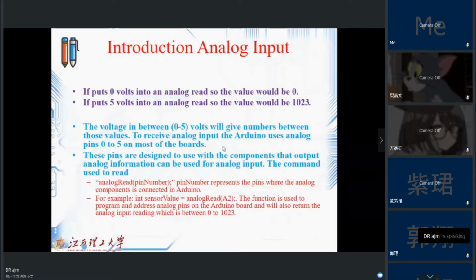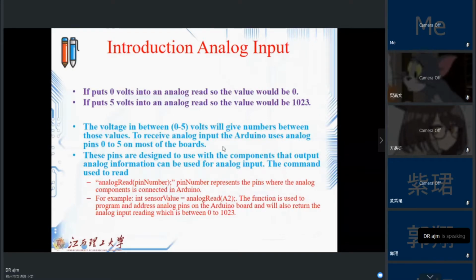These pins are designed for components that output analog information. The command to read is analogRead and the pin number. Very simple. The pin number in this statement represents the pin where the analog component is connected.